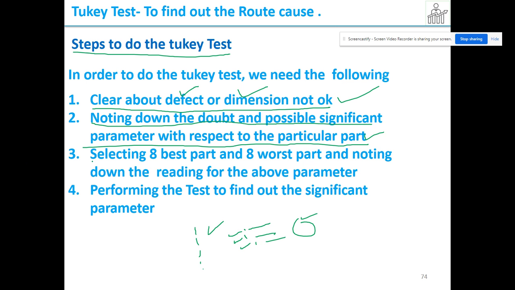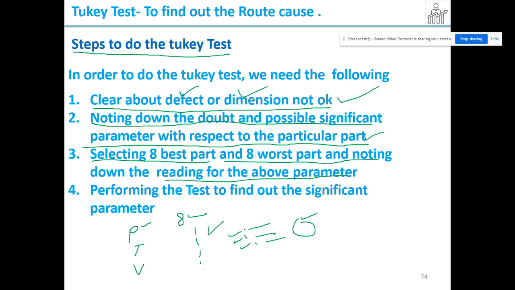Next, we shall select 8 best parts and 8 worst parts and note down the reading for the above parameters. So you have selected, for example, pressure, temperature, something like viscosity, and you shall select 8 best parts, that is okay parts.